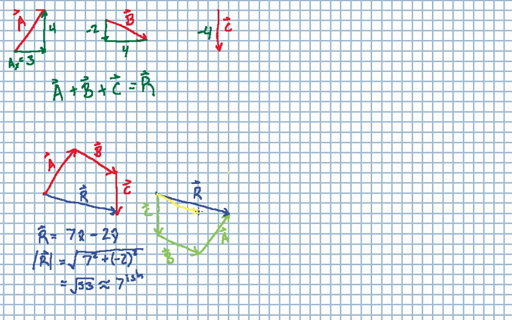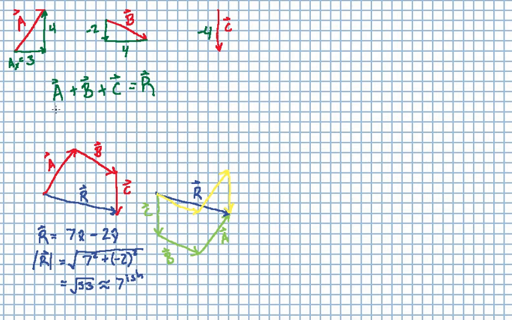So A would take us to there. And then we add on C. I'm showing you this one right on top, because I'm not going to do any other method. C would just be straight down 4, and look at that. We end up right at the same spot, even though our shape here is nothing like what it was. We get the same ultimate thing, that these are all the same.